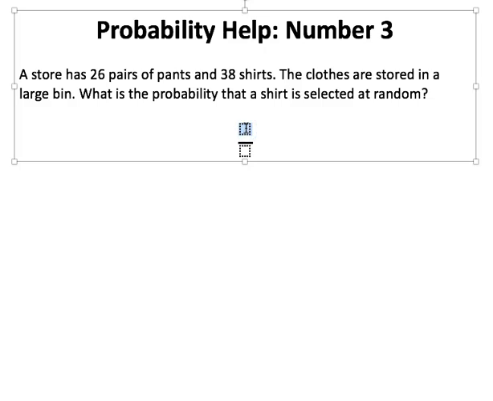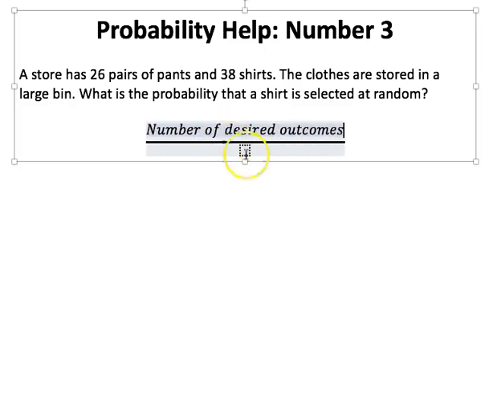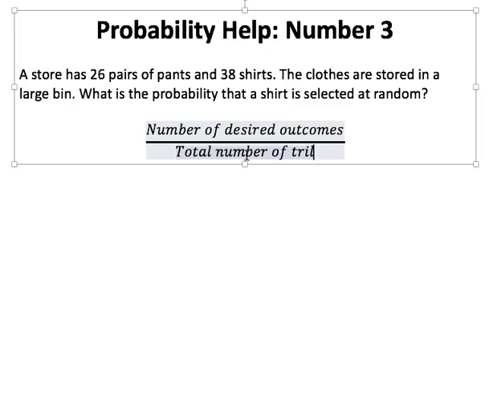So it is the number of desired outcomes divided by the total number of trials or options, pretty much.